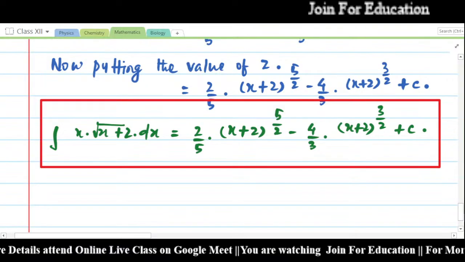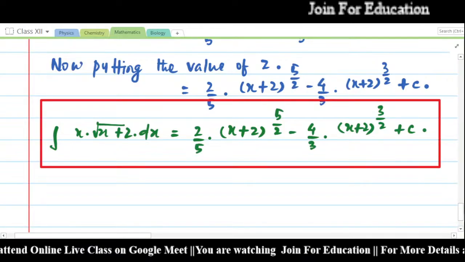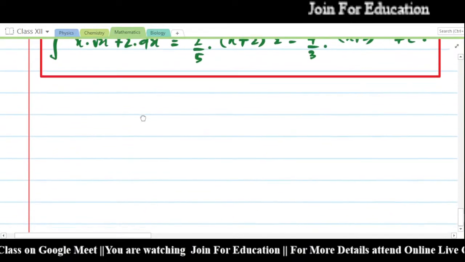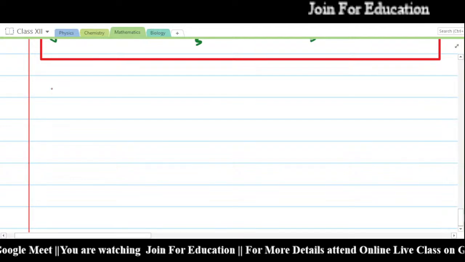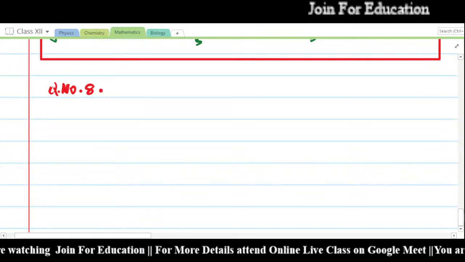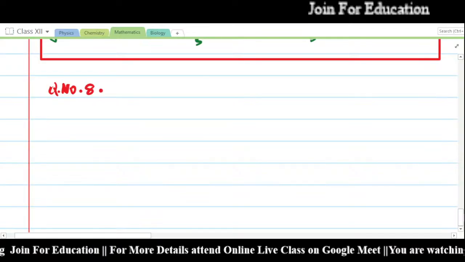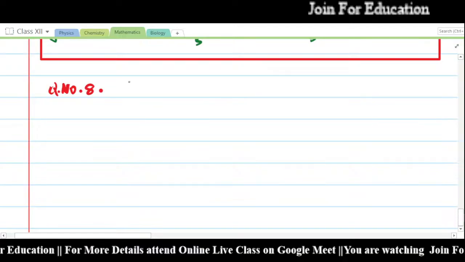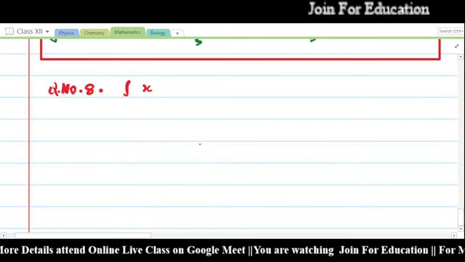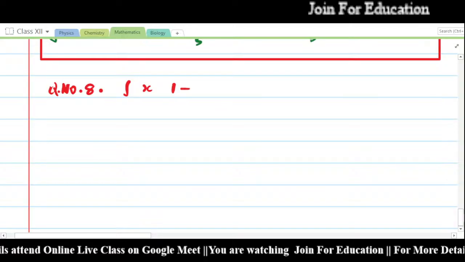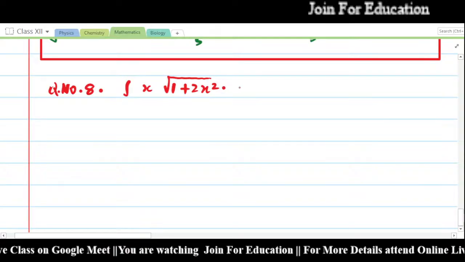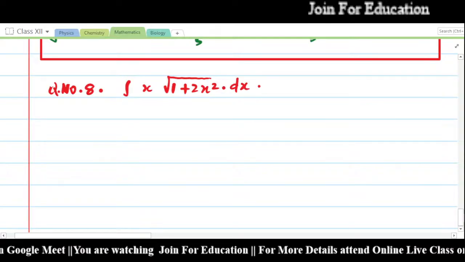Let's see question number 8. First of all, we recall the question number 8: integration of x into root of 1 plus 2x square into dx.